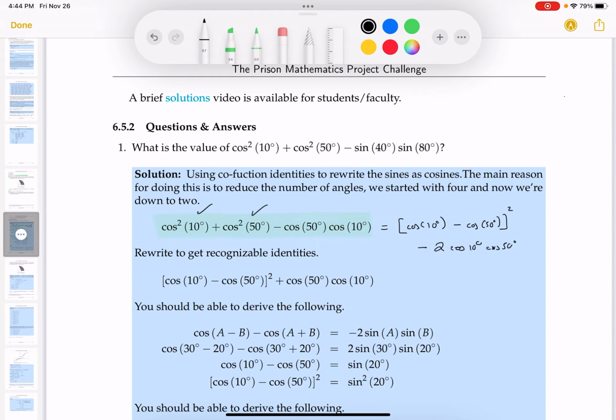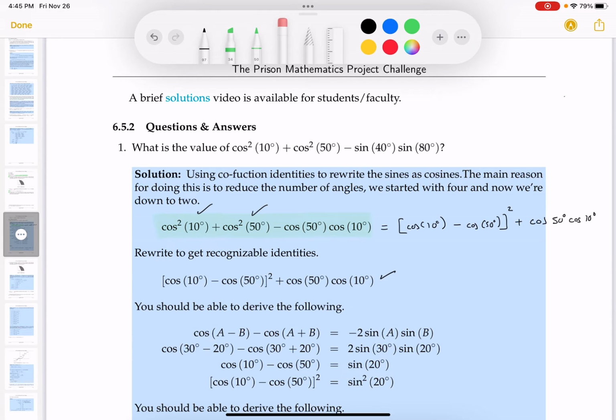That means I got to add something on, right? So if I were to square that, I'd have minus 2, but I don't want minus 2, I only want minus 1. So what do I have to do? I have to add, right? So we're hoping this makes sense to you. And let me write this down over here. So I'd have to add on cosine 50 degrees cosine 10 degrees, all right? So that's this line right over here.